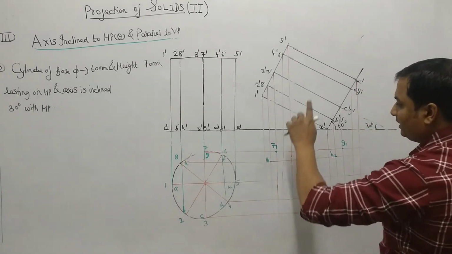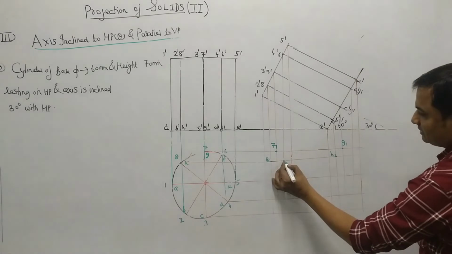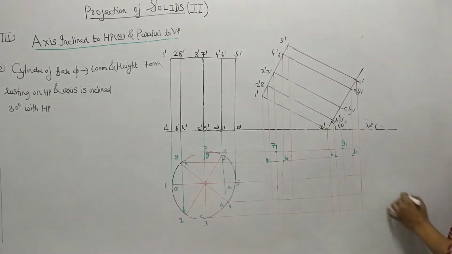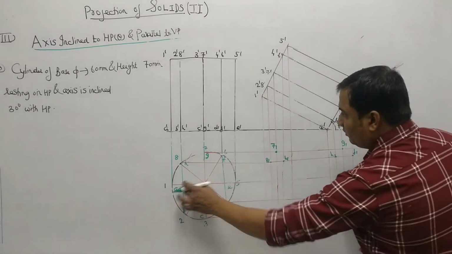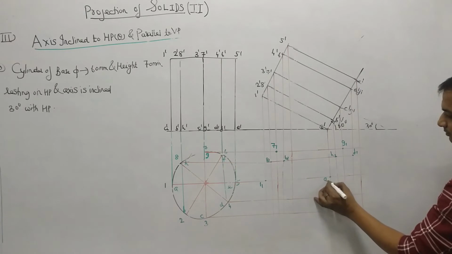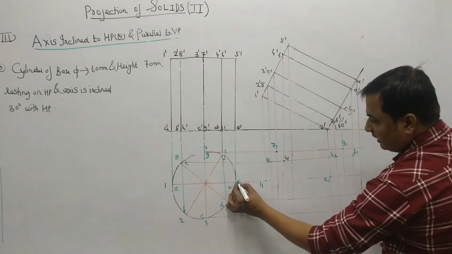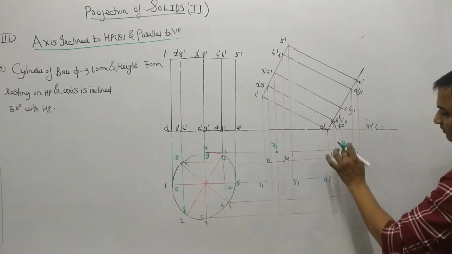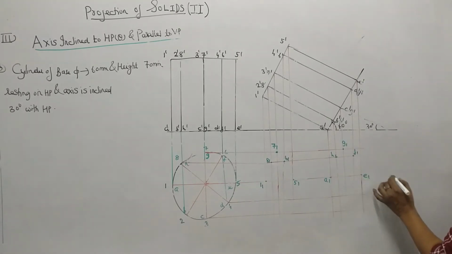So 6 horizontal, 6 vertical, so I will be getting 6 here only. This is 6 1. Similarly F1, I will be getting F1 here. Okay. So 1 horizontal, 1 vertical, this is 1 1 and A I will be getting here. This is my A1. Similarly, this is 5 and E. So 5 horizontal, 5 vertical, this is my 5 1 along with the E, I will be getting E1 here.